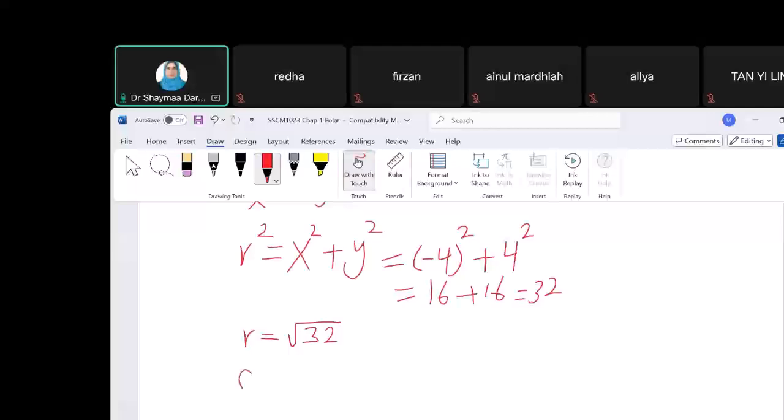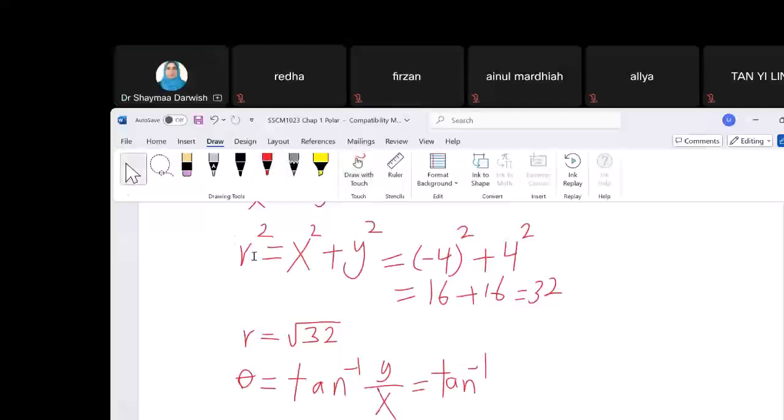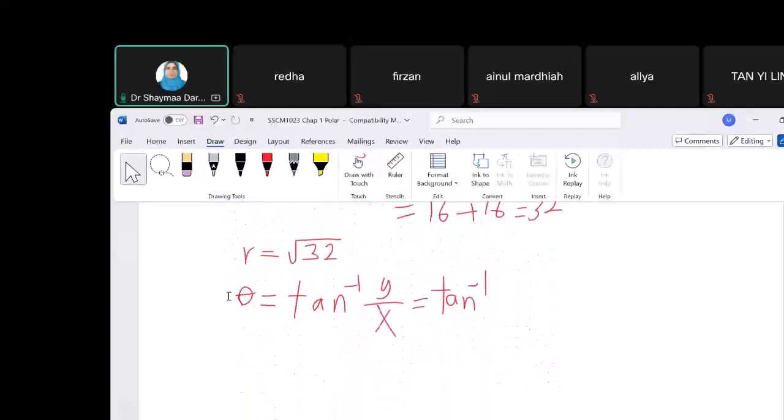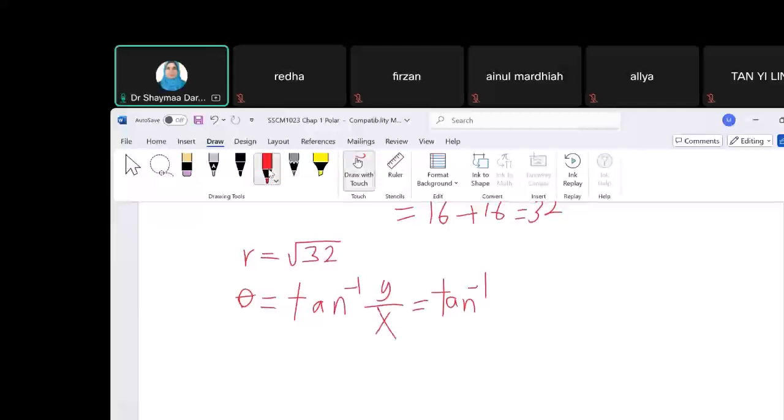So theta should be equal to tan inverse y over x, which means tan inverse 4 over minus 4, which means tan inverse minus 1.